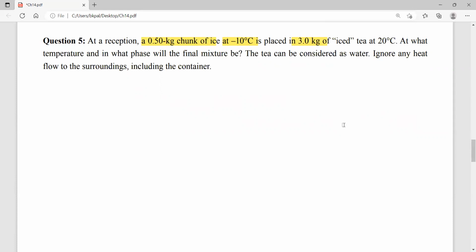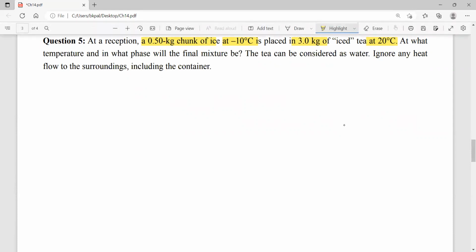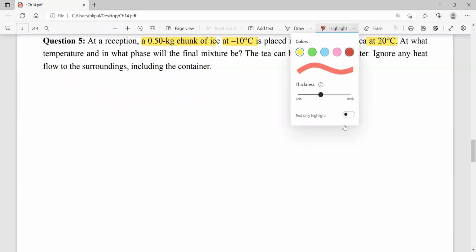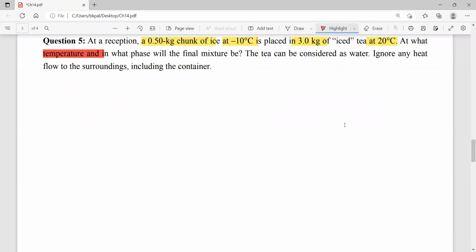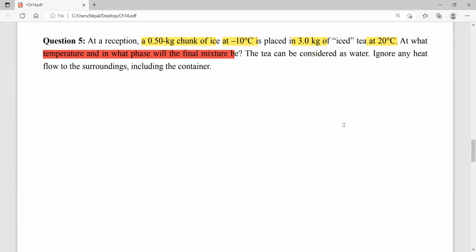So here we have ice, and here we have water at 20 degrees Celsius. We have two objects, one is ice, another is water. Now, at what temperature and in what phase will the final mixture be? So we have to calculate the final temperature and the phase.